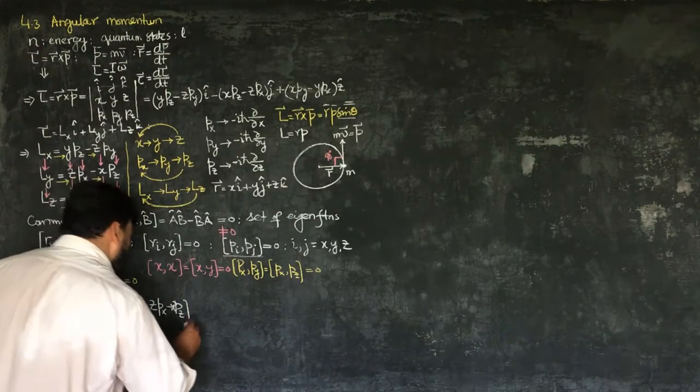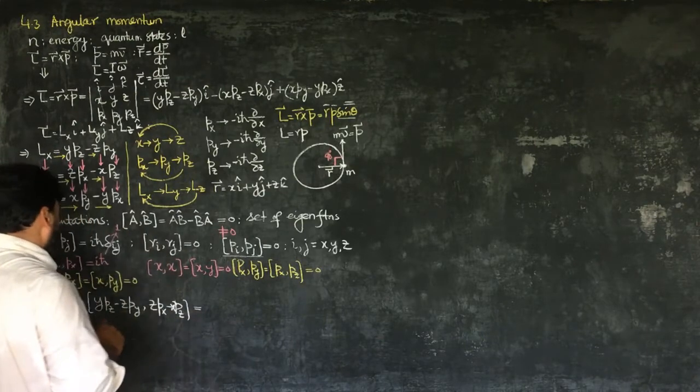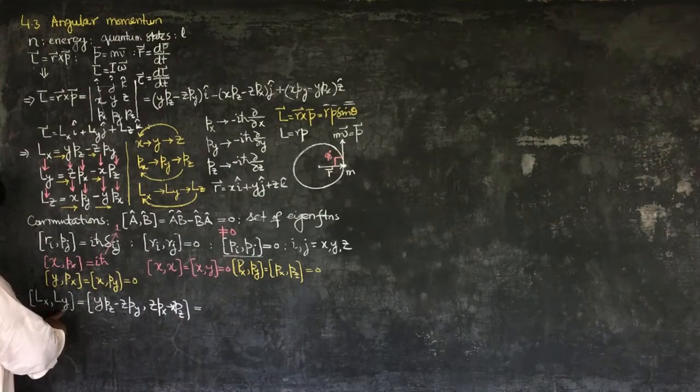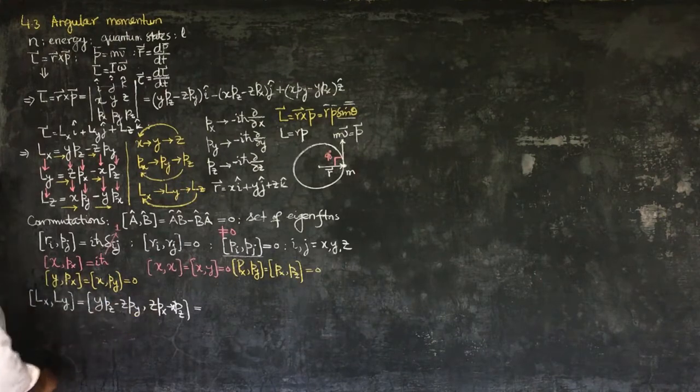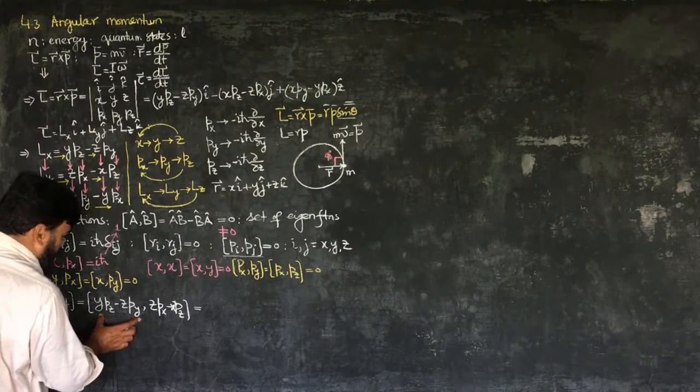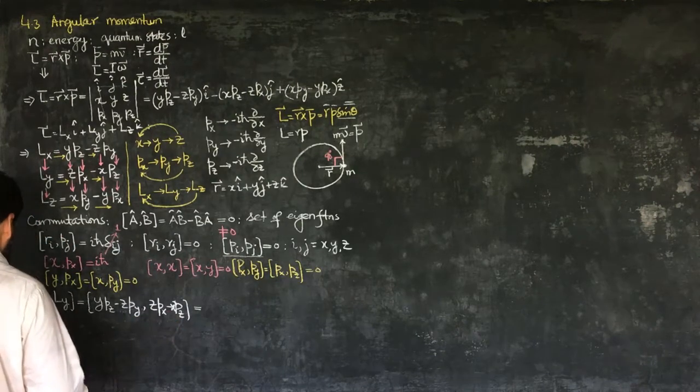Now, one way is to directly multiply them and then put the values and reorder them. The other way is to just do it like this.